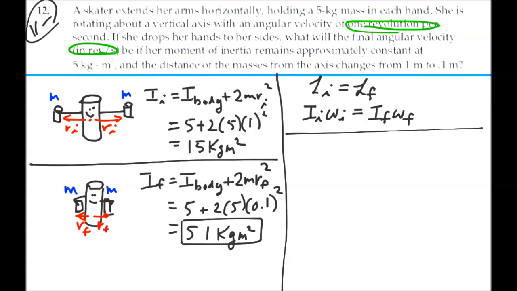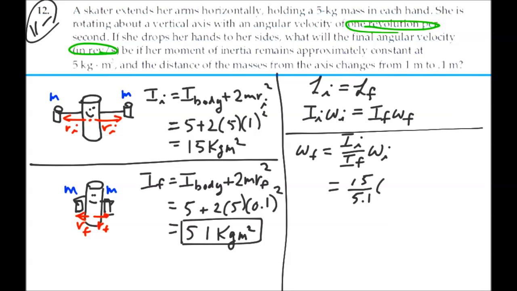Solving this for the final angular velocity, we have that is equal to the initial moment of inertia divided by the final moment of inertia times the initial angular velocity. And that would be equal to 15 divided by 5.1.